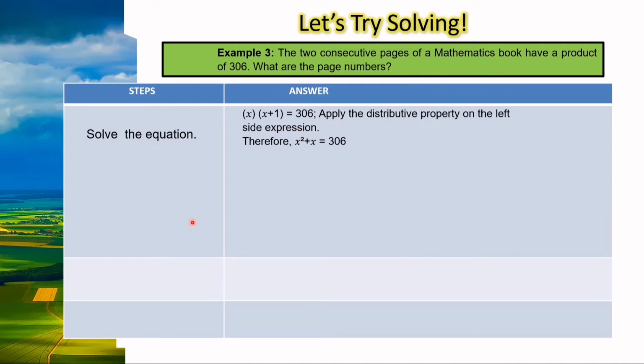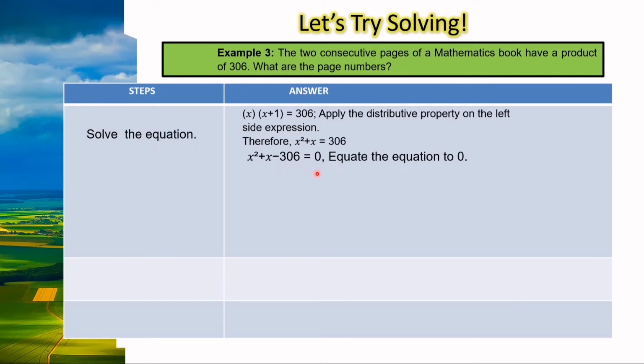What will be the next step? Yes, you will write it on its standard form to get the polynomial. What is the polynomial? Correct, it's x squared plus x minus 306, and it is equated to 0.